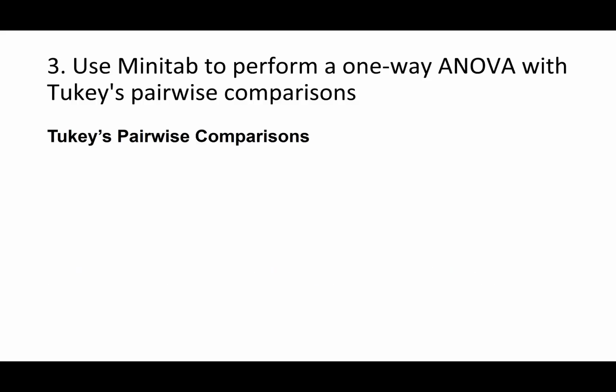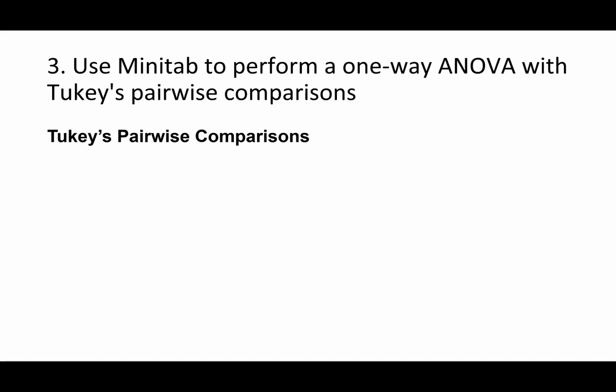The one-way ANOVA will tell you whether or not there is some difference between some population means. The initial results will not tell you which groups are different from one another. In order to determine which groups are different from one another, a post-hoc test is needed. Post-hoc means after, so these are comparisons that are conducted after the one-way ANOVA.